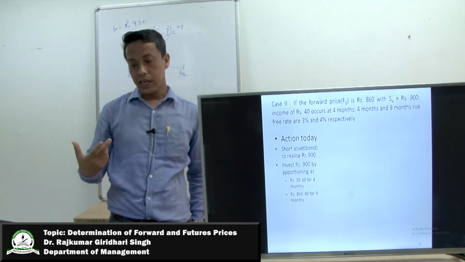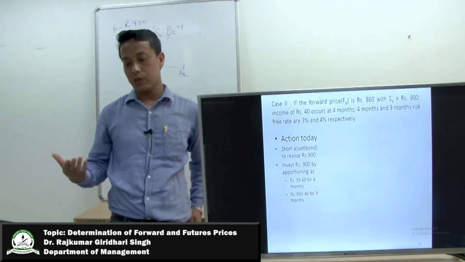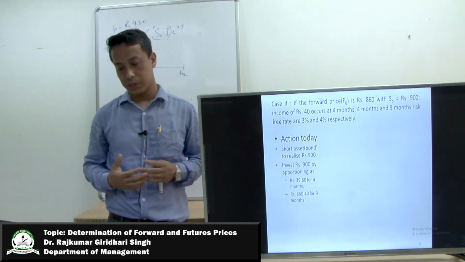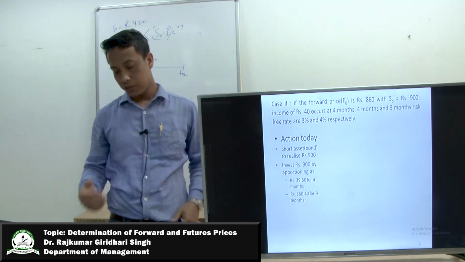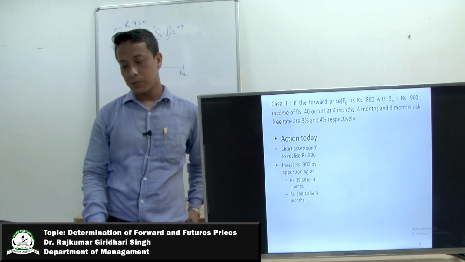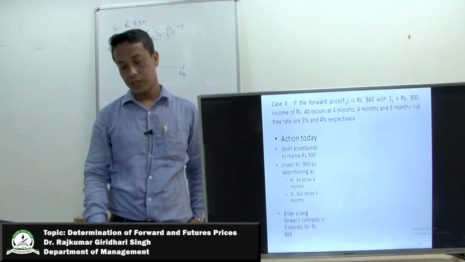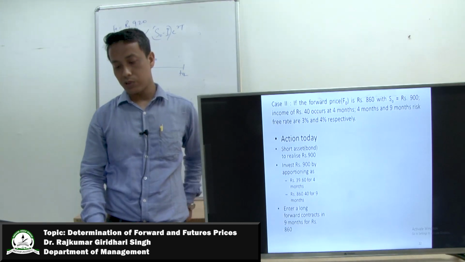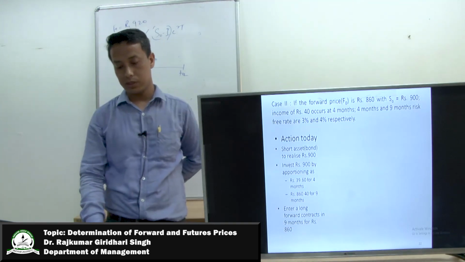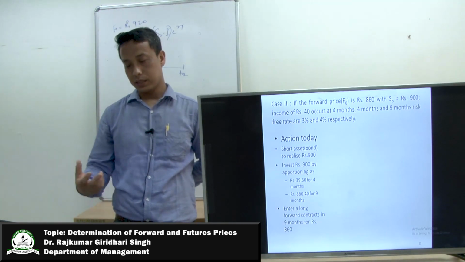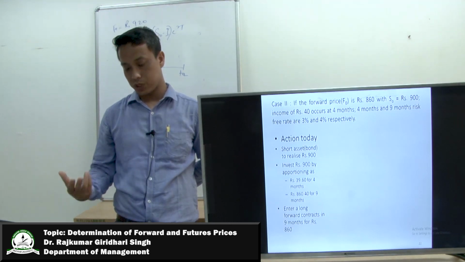In this case, as we have shorted the asset already, we have 900 rupees with us. This 900 we can use for investment purposes, and we are apportioning it into 2. The first part, rupees 39.6, and rupees 860.4 for 9 months, and then we have to go for a long forward contract for 9 months, so that we can buy the asset and pay back the asset which we short sold.